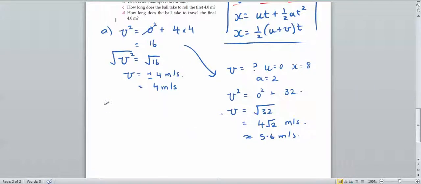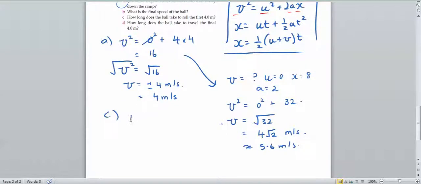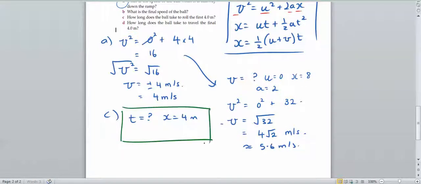All right, part C. How long does the ball take to roll the first 4 meters? Okay, so this is where we've got to start using some different equations. t is equal to what? We know that x is equal to 4 meters, and you've got to write these down because you just won't know what to do unless you do.